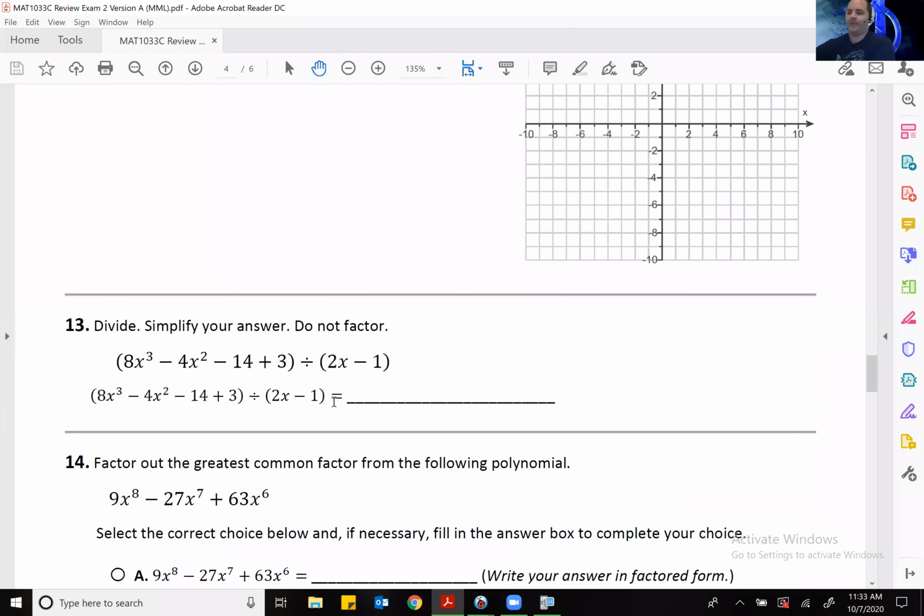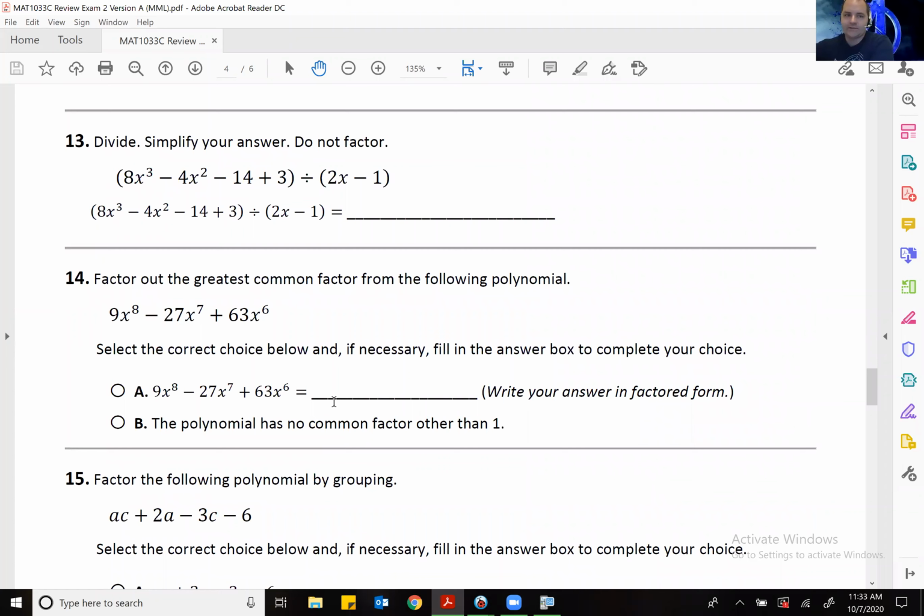So here's our problem. 8x cubed minus 4x squared minus 14x plus 3 divided by 2x minus 1. Okay.